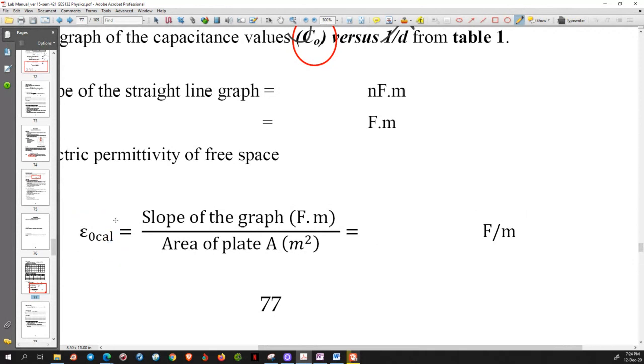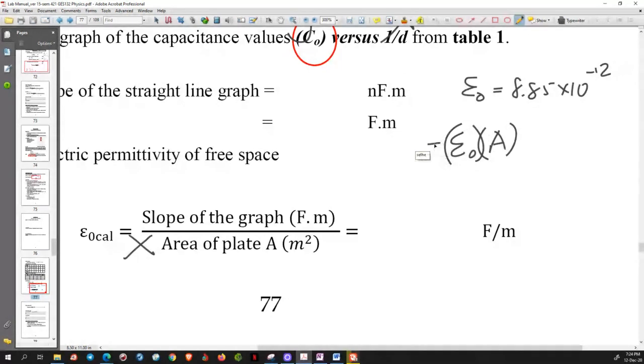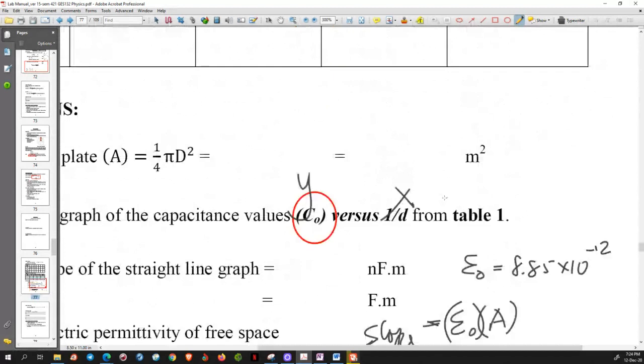But if you reverse this equation, you can find the perfect slope. We know that epsilon, the real value, is 8.85 by 10 raised to minus 12. If you cross multiply epsilon multiplied by the area of the plate, you will actually get the slope that is perfect.